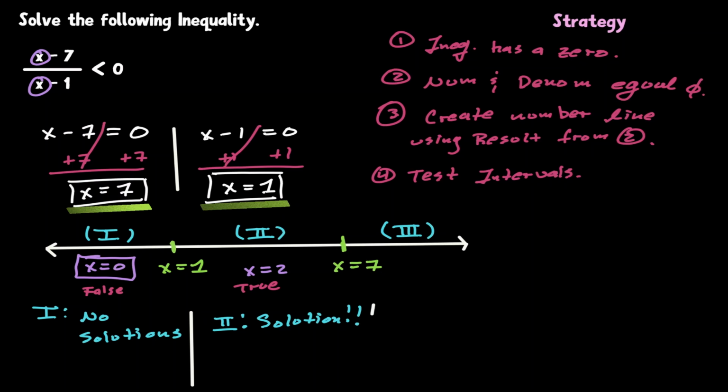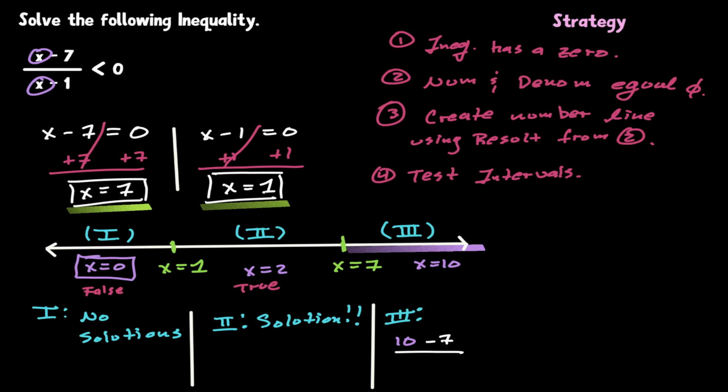So now let's move to the last interval, the interval of those values which are greater than 7. Let's choose any number that is in this interval, any number that is greater than 7. I'm going to choose 10. And let's plug it in to the rational that we were given, and let's try to see if we obtain a result that is less than 0. So on the numerator, we're going to get 10 minus 7.